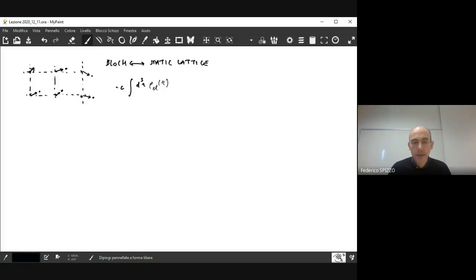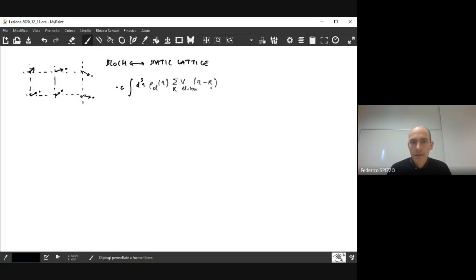If we consider, as was done for the Hartree approximation, the interaction between the negative electronic charge and the electron-ion interaction potential, that depends on the actual position of all the ions in the system.